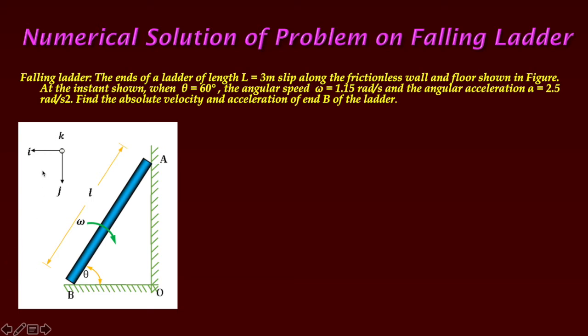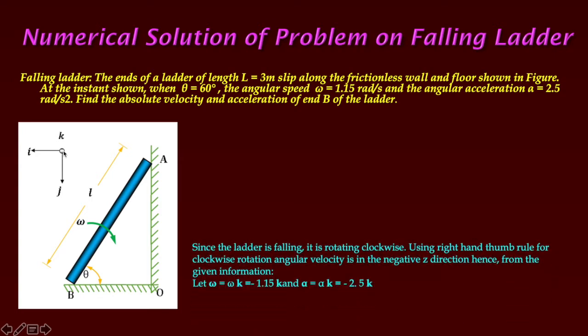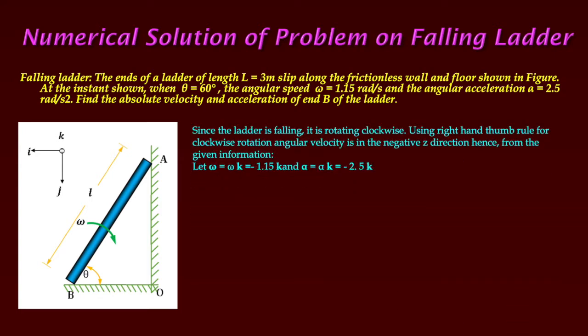While in motion, point A is moving down and point B, or end B of the ladder, is moving left. If the leftward direction is considered as unit vector i and the vertical direction as unit vector j, and perpendicular to this plane the vector is k. Now, what's the given data? The omega vector is given. The magnitude is 1.15 radian per second.